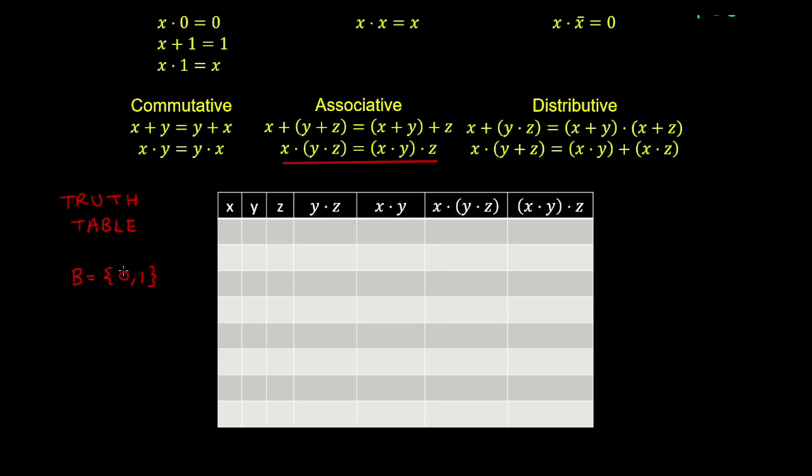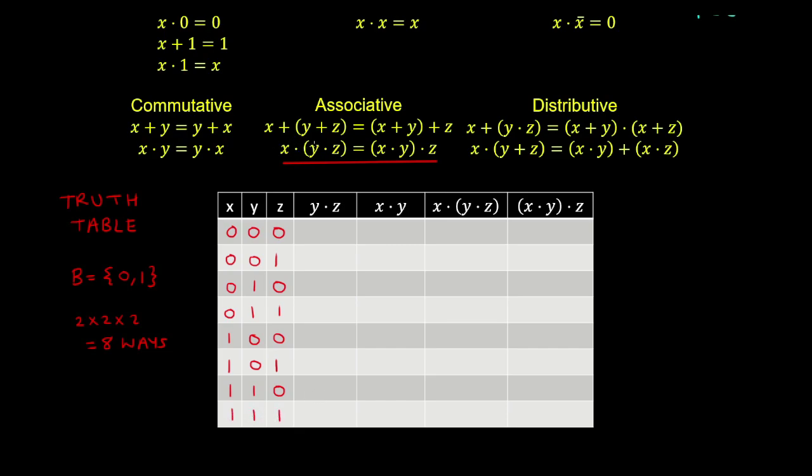So if we choose a number from this set 3 times, by the multiplication rule, we'll have 2 by 2 by 2 possible ways to choose those numbers, which we'll list here. So we have 0, 0, 0, 0, 0, 1, 0, 1, 0, 0, 1, 1, 1, 0, 0, 1, 0, 1, 1, 1, 0, and 1, 1, 1.